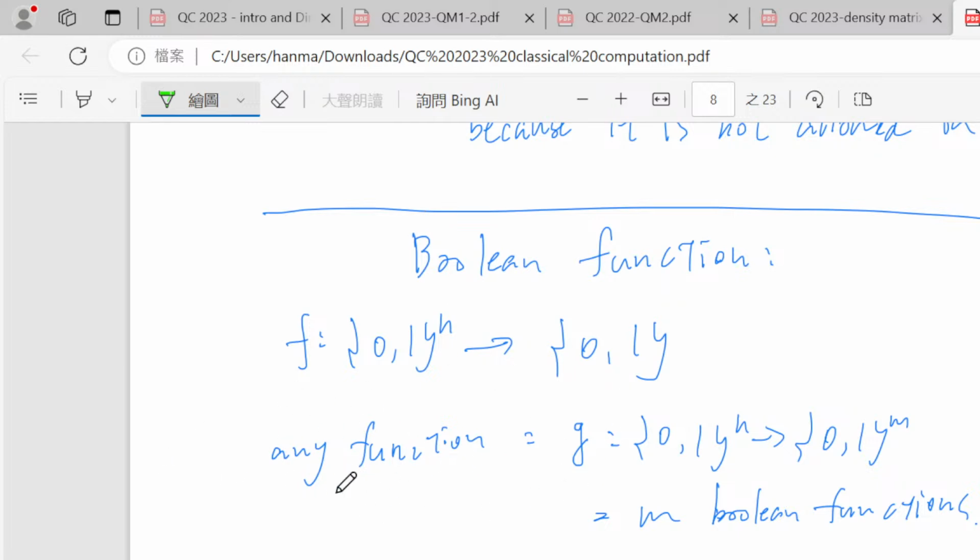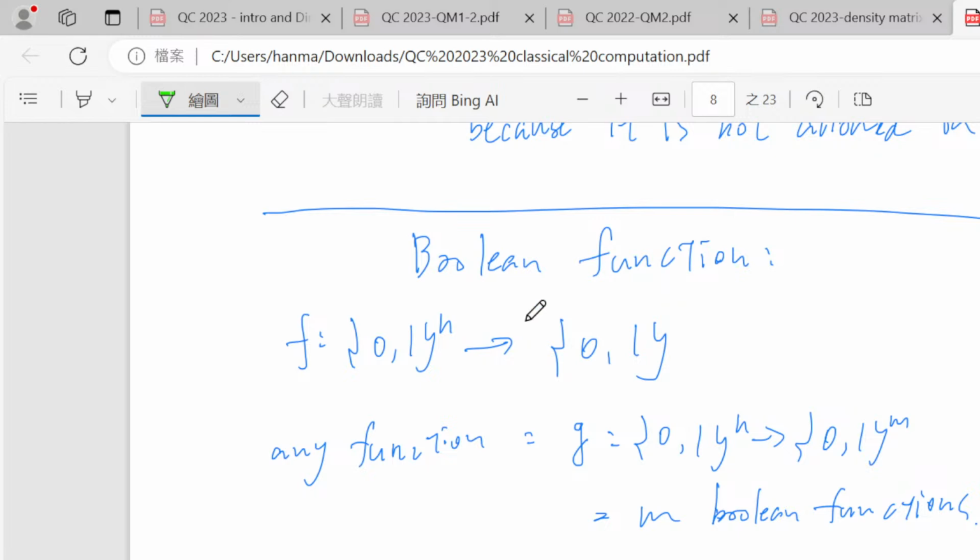First, any function can be written as a 0, 1 string to another 0, 1 string, because in computer science we only care about discrete things. If our general function maps an n-bit string to an m-bit string, then this can be written as m different Boolean functions, where each output bit is a Boolean function.